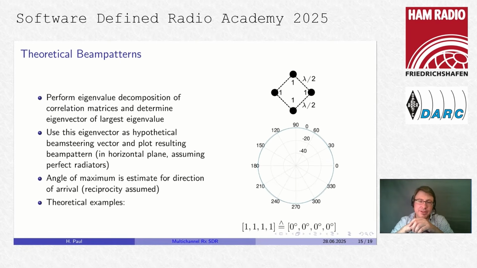So you can restrict yourself to the largest eigenvalue and the corresponding eigenvector. This eigenvector now can be plotted in a particular way, generating a so-called beam pattern.